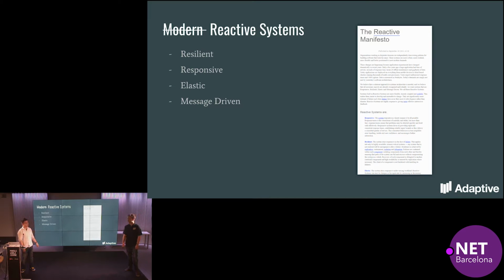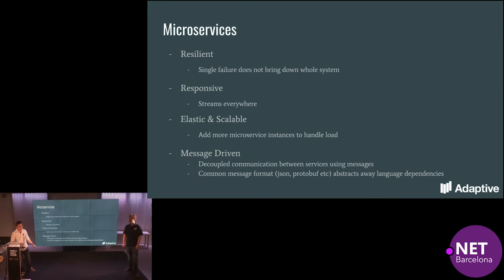What we think is that microservices, which I'm sure you have all heard of, are a very good solution. So what do microservices allow us in terms of these principles of reactive design? They are resilient because a single microservice going down won't bring the whole system down.